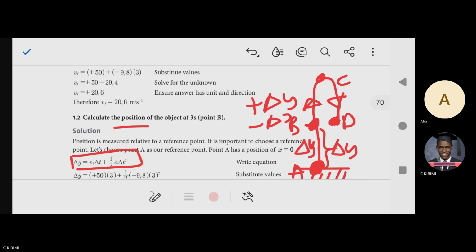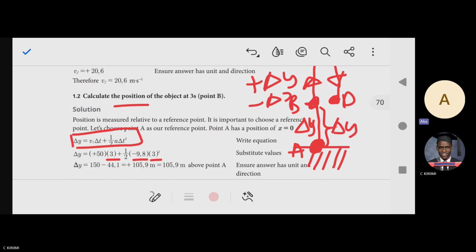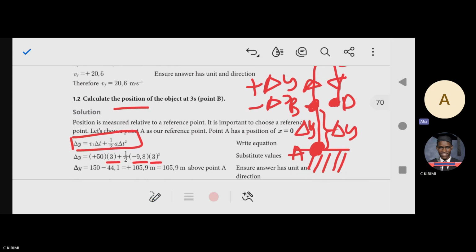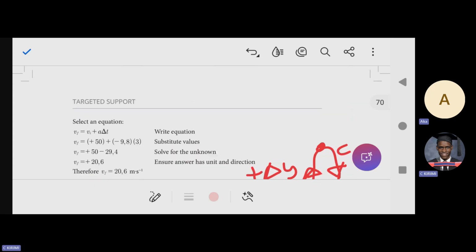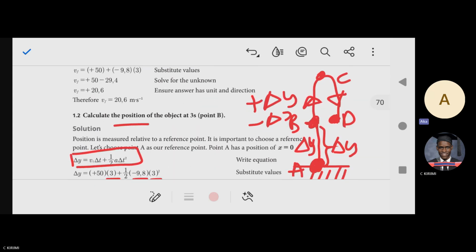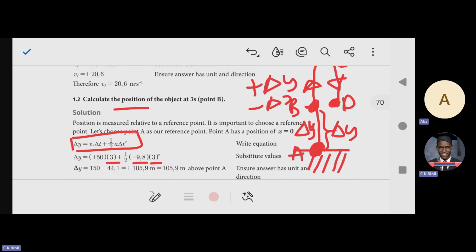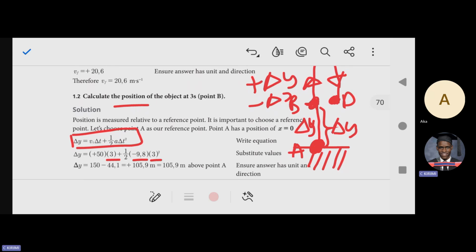Any question? I want to try to use this other formula: delta y equals vf plus v initial over 2 times delta t. No problem, you can verify the answer.